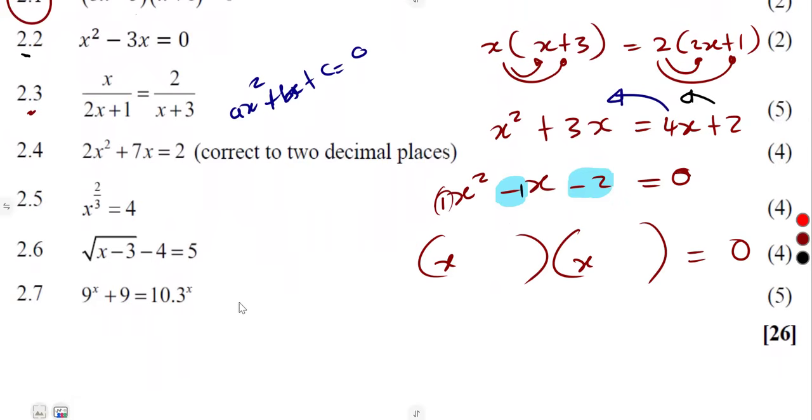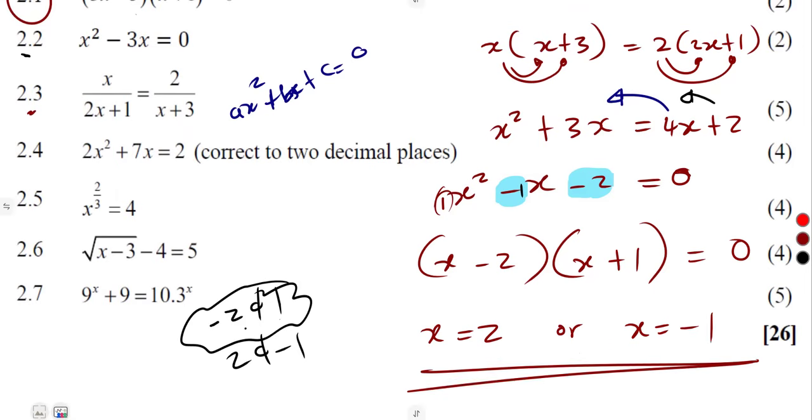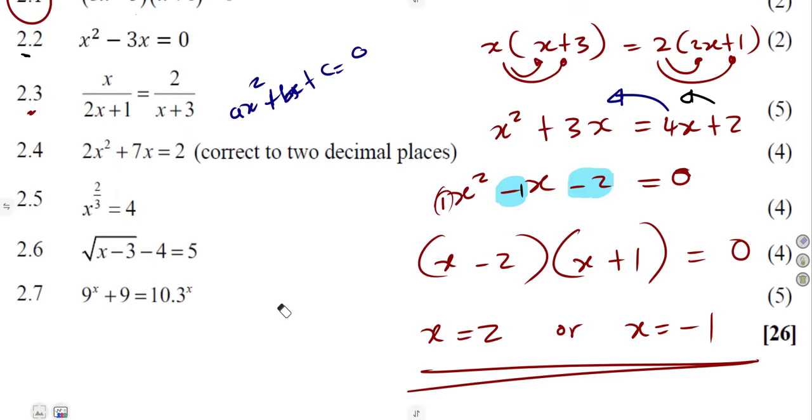Factors of -2: -2 and 1, 2 and -1. So we need, out of these, the pair that adds up to -1. That's -2 and +1. So therefore x is equal to +2, or x is equal to -1. It has to change the sign after that.